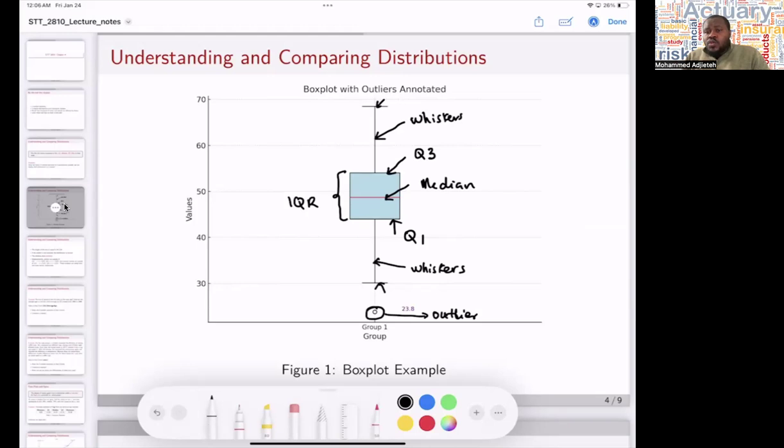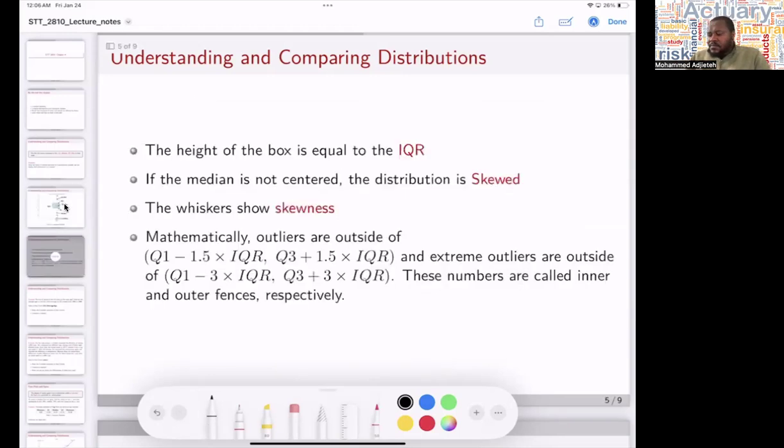And so we would look at how we determine the fences. And so this is how we determine the fences. So numbers outside of this range are outliers. And then numbers outside of this range are extreme outliers.